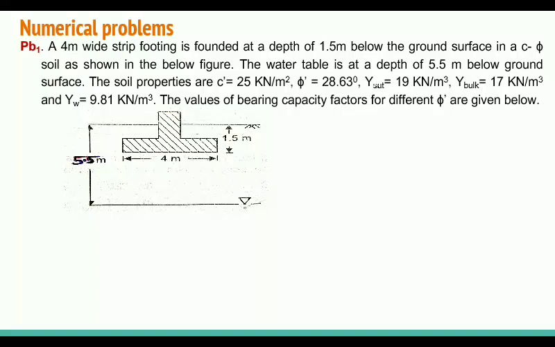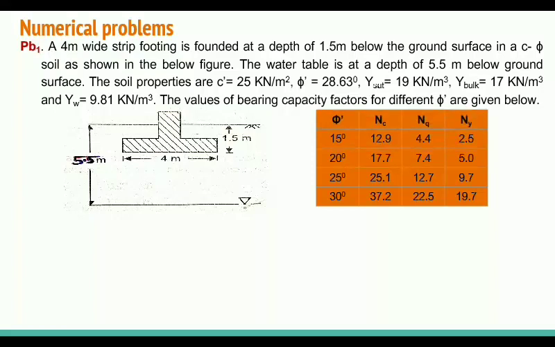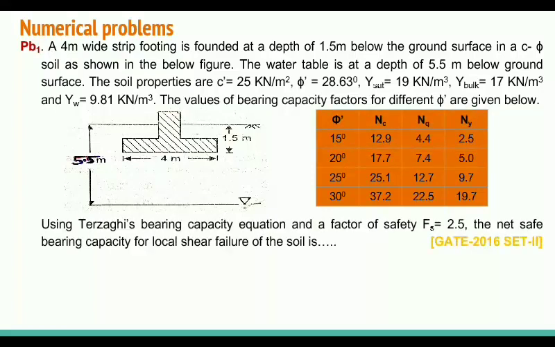The soil properties c', phi', gamma saturated, gamma bulk, and gamma w are given. The values of bearing capacity factors for different phi' are given below. Using the Terzaghi bearing capacity equation and a factor of safety Fs equal to 2.5, calculate the net safe bearing capacity for the local shear failure of the soil.